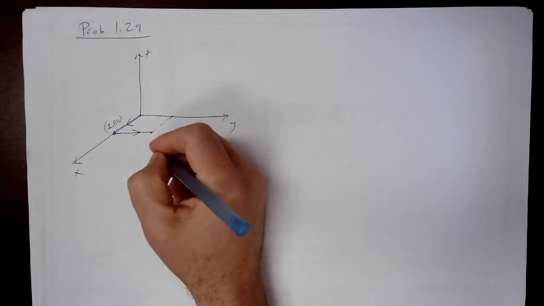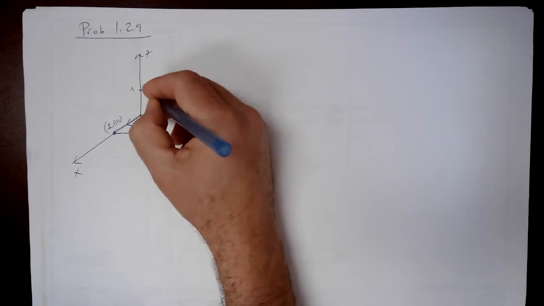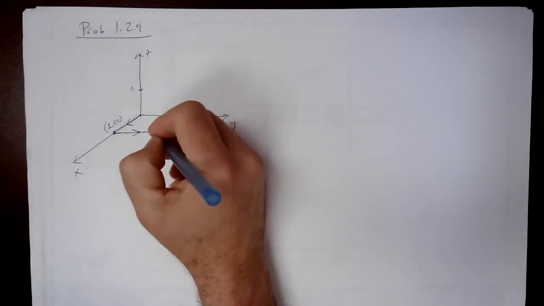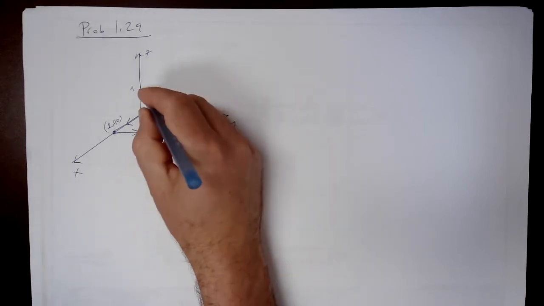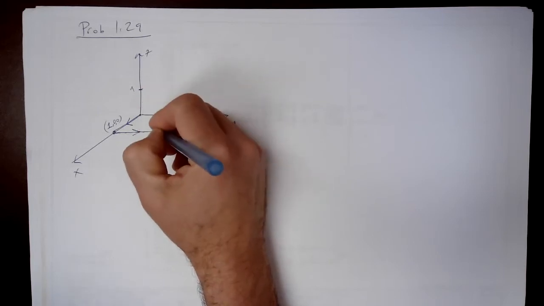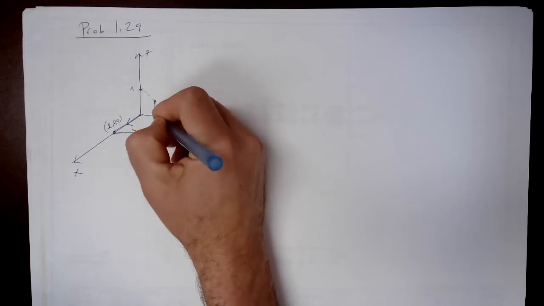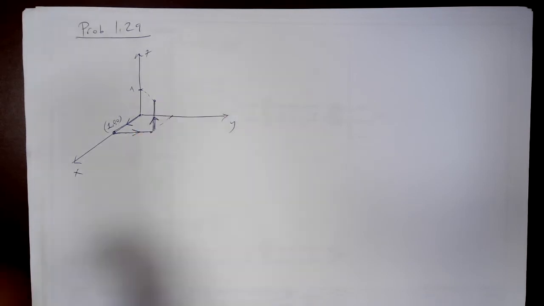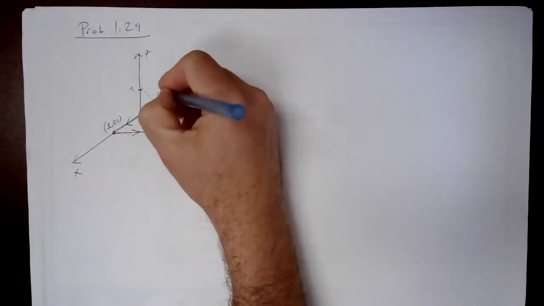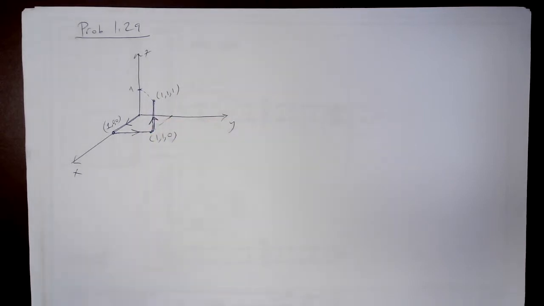And then from there, I'm going to go up to (1, 1, 1). Something like this. So that's my (1, 1, 1), and this is obviously (1, 1, 0).